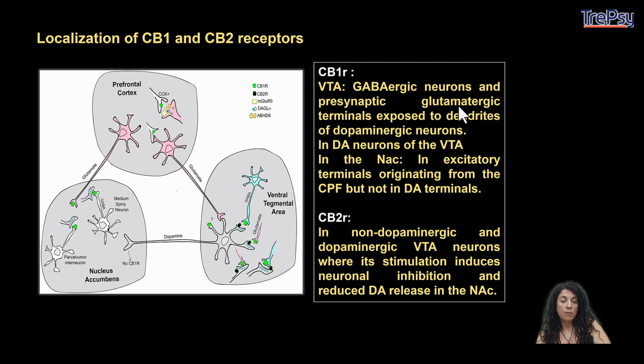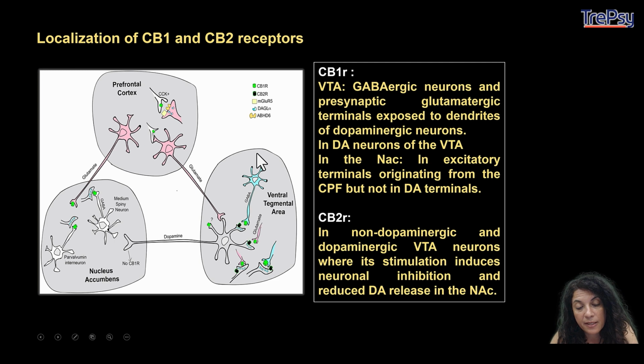Then, where are the CB1 and CB2 receptors? For example, in the ventral tegmental area, we can find the soma of dopaminergic neurons. We can find GABAergic and glutamatergic neurons that act on dopaminergic neurons. In the nucleus accumbens, we can find the inhibitory neurons and the projection from the prefrontal cortex.